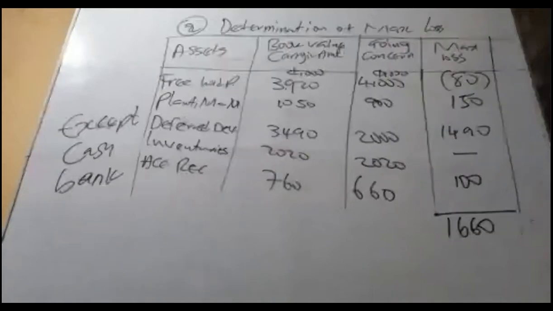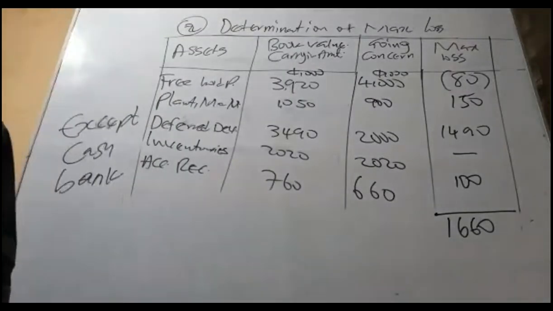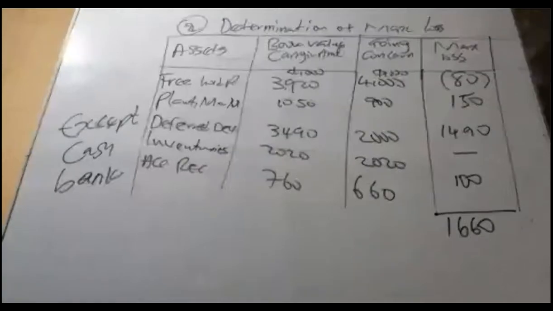So these are the losses coming from assets. Their asset alone is giving us loss because one of the steps stated that in reconstruction, the asset must be revalued. And if you do the revaluation, then you're going to have a gain or loss. So in all, we have a loss of 1,660 as the losses coming from the asset. Then you continue the game.